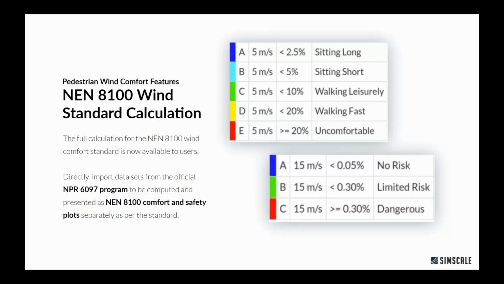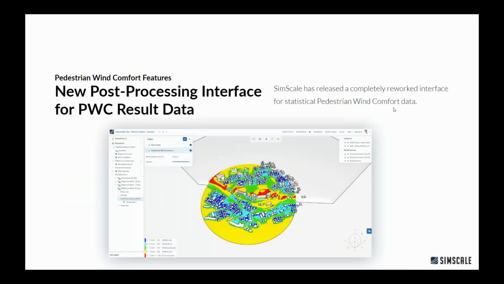With this update and addition, we now fully support the complete standard, including uploading the datasets from the official government resource, the NPR 6097 program. Just to reiterate, we can currently calculate wind comfort plots for Lawson, Davenport, and NEN. I think we'll show a bit more on this later, and it will come exactly on time for our last feature.